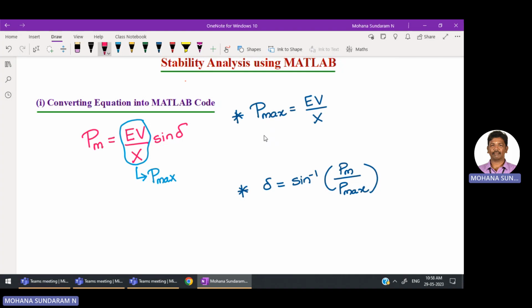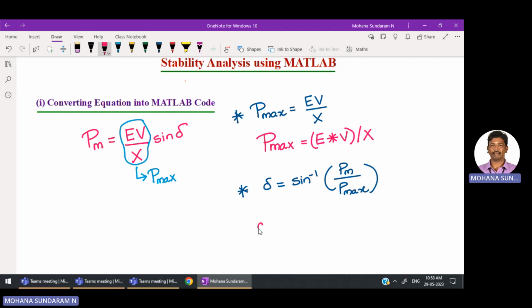This one is a mathematical equation. So I'm going to write it as Pmax equal to, first I take the numerator, E into V, the whole thing divided by X. For this equation, delta is a mathematical symbol, and we don't have symbols in MATLAB, so we have to use an English variable.